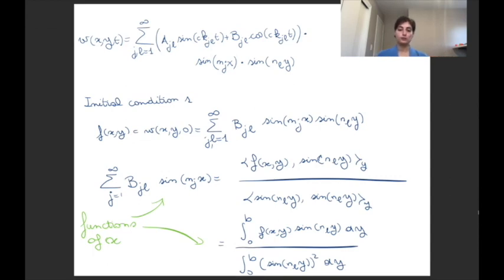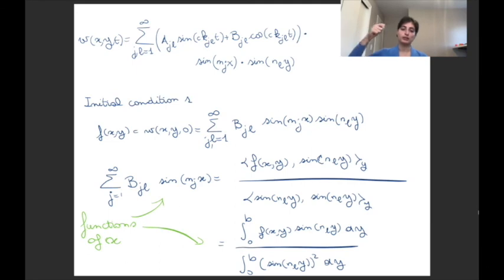So we can use the standard formulas. And here we're only thinking of y as a variable, x is a fixed constant. So then we have this infinite sum on B_jl sin(m_j x) being equal to a fraction between the inner product with respect to y of f of x, y with sin(n_l y), divided by sin(n_l y) inner product with itself.